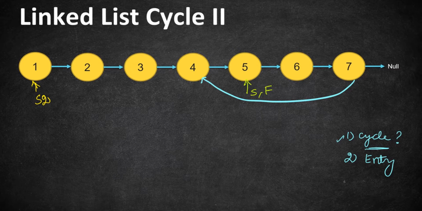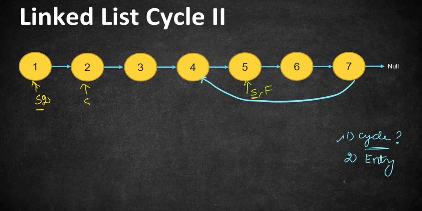We are going to move S1 and S2 simultaneously by one node at a time, and wherever they first meet is the entry point of the cycle. Let's give it a try and then go into the logic. For each iteration, S2 and S1 move one node at a time.